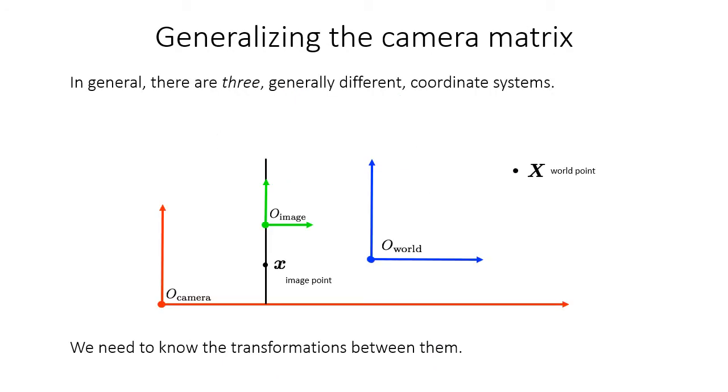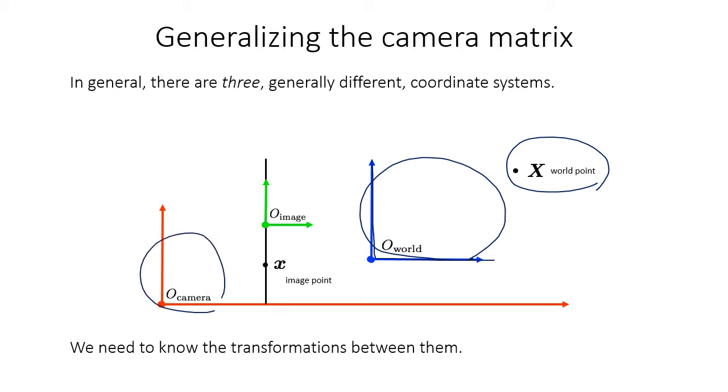As I said before, in general, there are three different coordinate systems. We have the world coordinate, and this world point x is represented in this world coordinate, and there is a camera coordinate, and there is an image coordinate. So we have three different coordinates. We need to know the transformations between them.